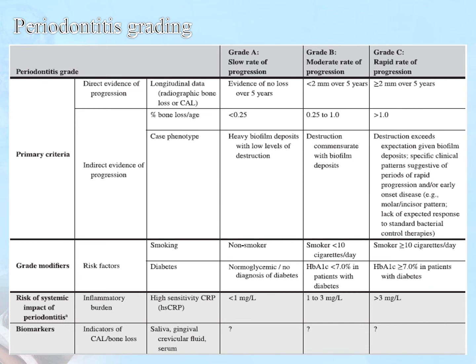First, coming on to the primary criteria, you have direct evidence of progression, that is with the help of radiographs, and indirect evidence of progression with the help of bone loss by age or the case phenotype.